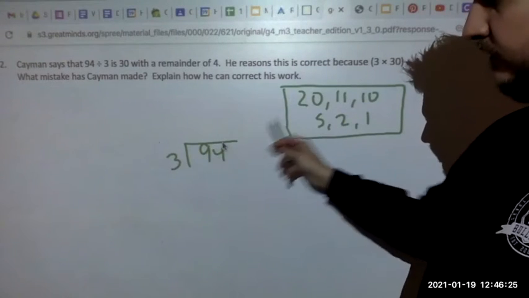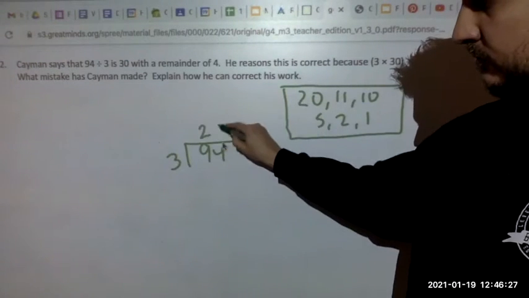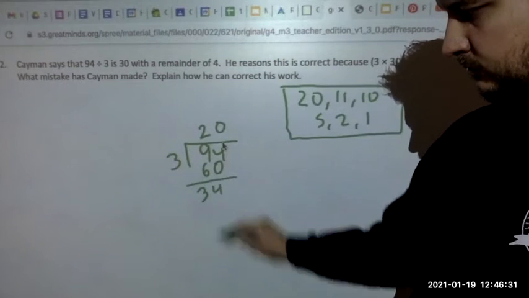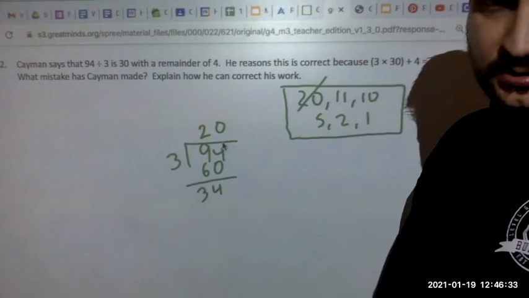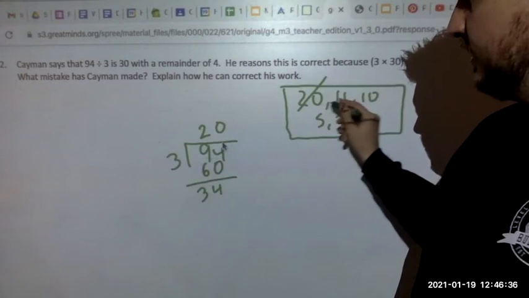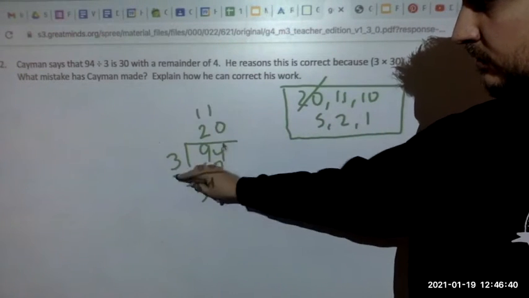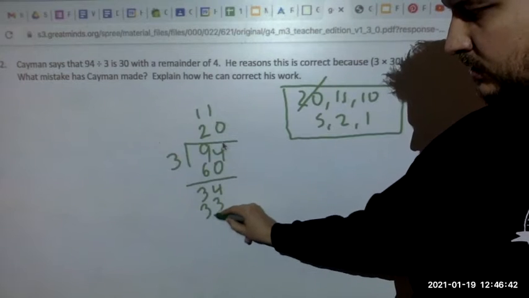Let's try my biggest number first. 3 times 20 equals 60. 34. Can't do another 20. 3 times 11 is 33. Subtract.